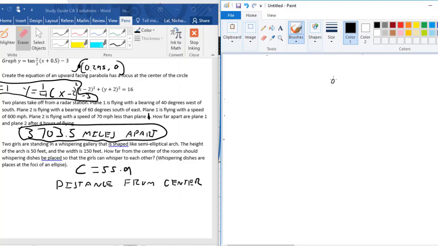Okay. You have a radar station. One plane is going to be at 230 degrees, right here. The other plane is flying at 300 degrees.